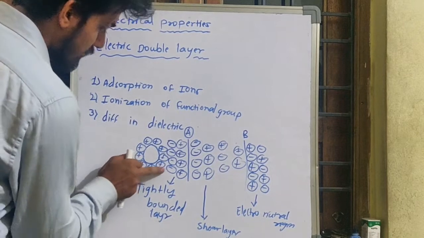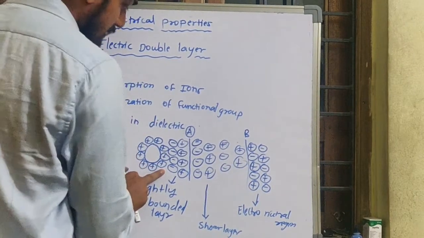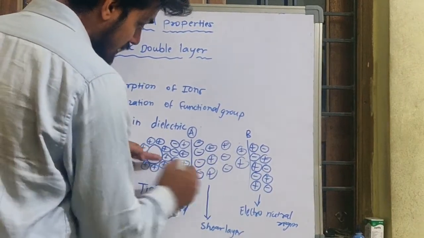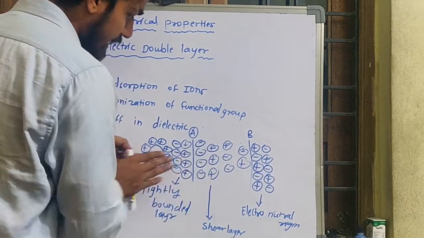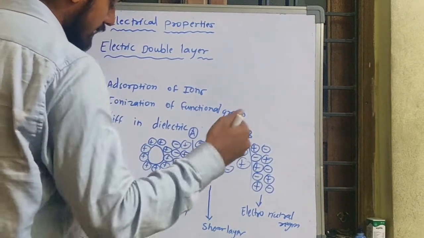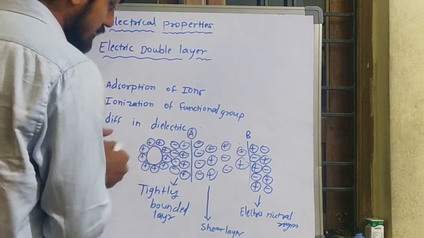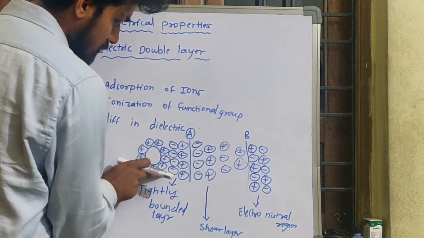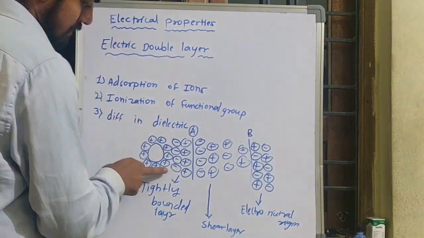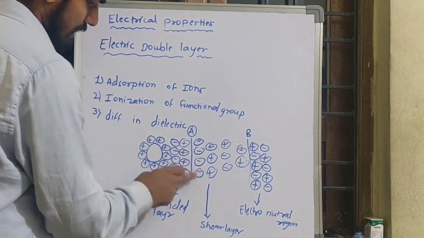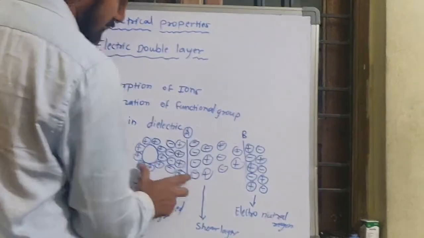Why? Because the first layer has positively charged ions, and same-charged ions oppose each other when they come close. Therefore the positively charged ions oppose the positively charged.